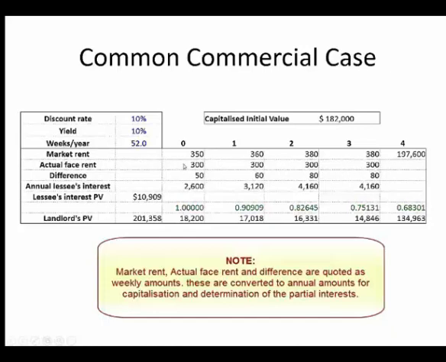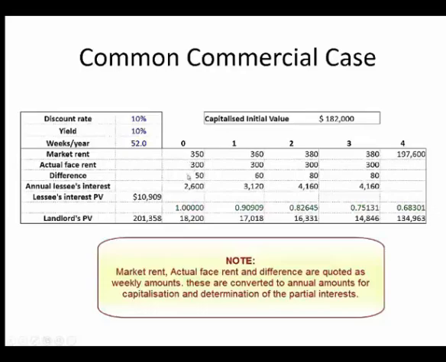But for whatever reason, when we start to analyse this situation, we find that the market rents are actually up around the $350 mark at present, and they're going to be increasing to $360, $380 and so on over the next few years, and the property eventually is going to be able to be sold at the end of the fourth year. This is the reversionary interest.